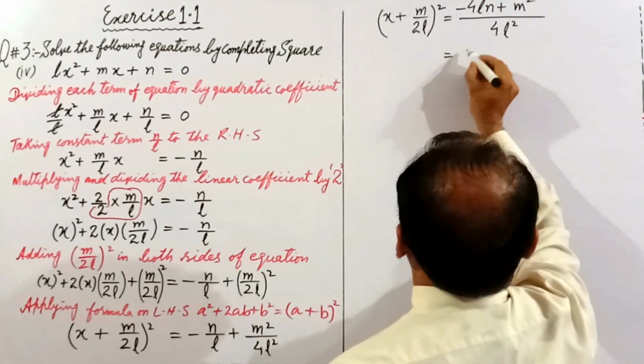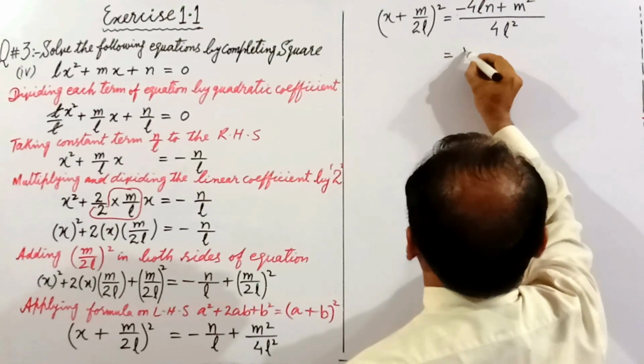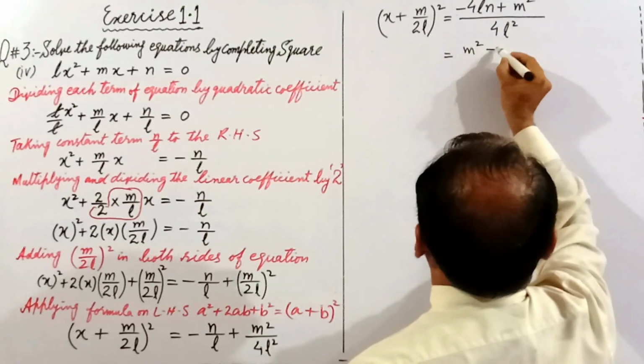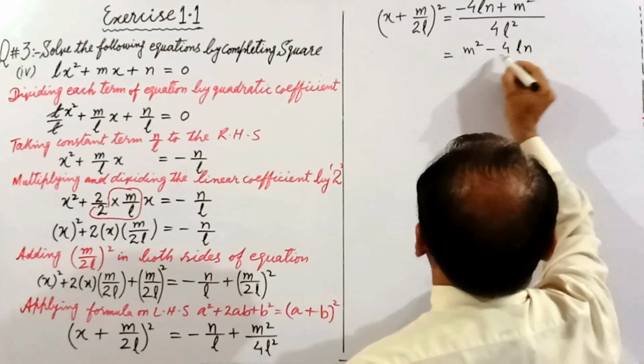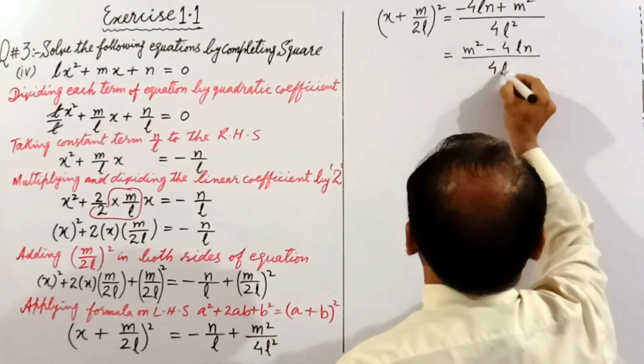We rearrange the values. We write the positive term first: m square minus 4ln over 4l square.